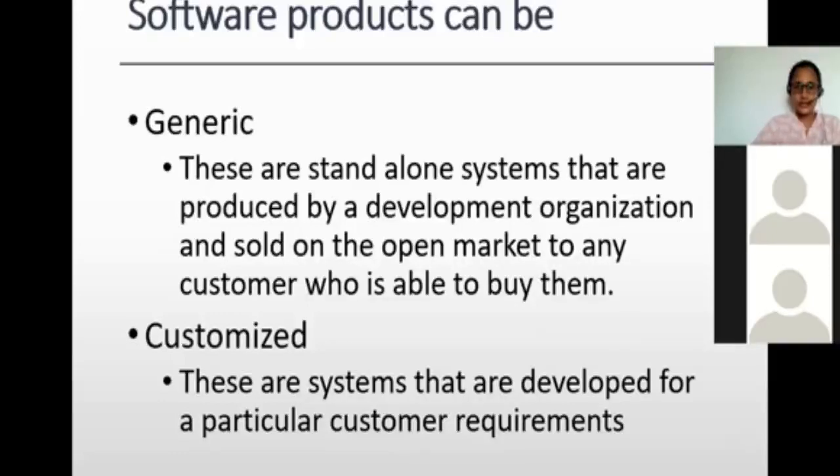So if we need anything, we can buy it and use it. For example, if I need to edit an image, I can easily buy Photoshop, the licensed version, and I can edit the image. So that is a common purpose one, the generic software.